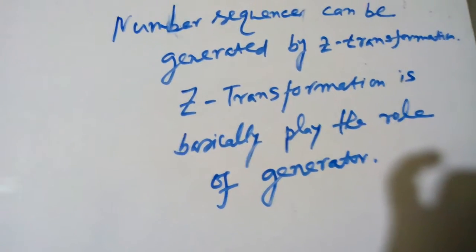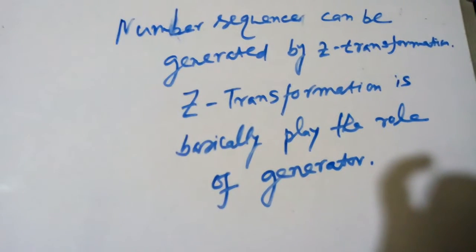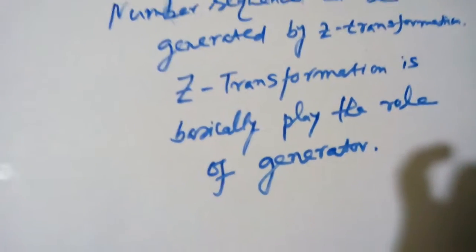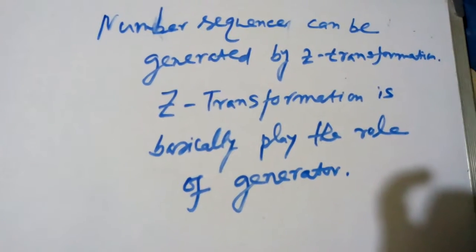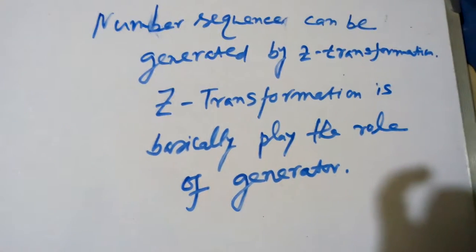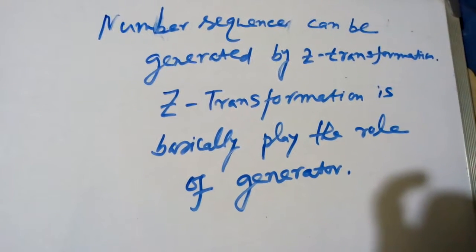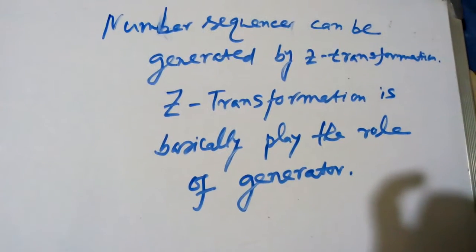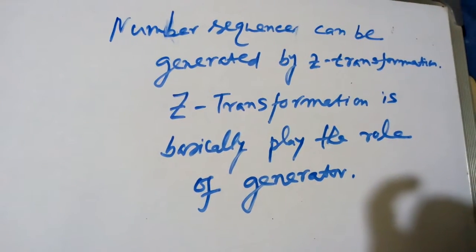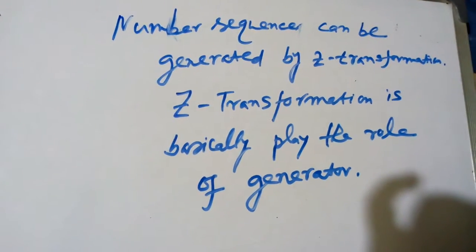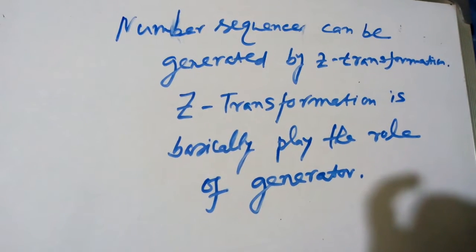If we know Z transformation, then Laplace transformation is very easy, because the properties of Z transformation and the properties of Laplace transformation are more or less the same.